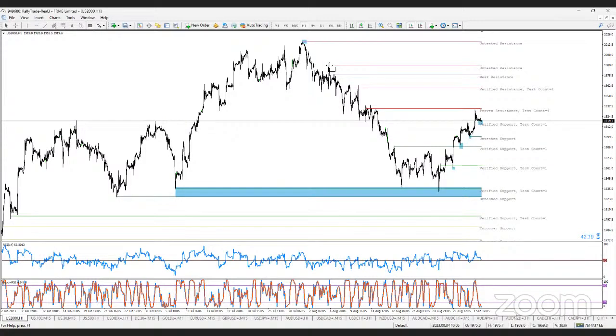This is a high. This is another high, lower high. A downtrend is a series of lower highs and lower lows, right? You can see it. There's another one here.